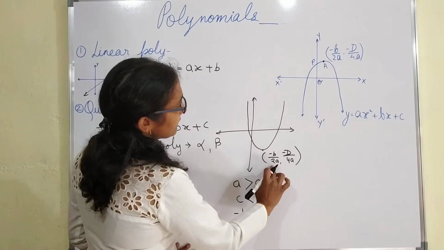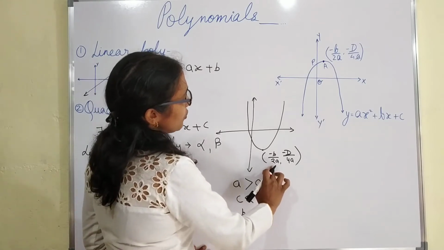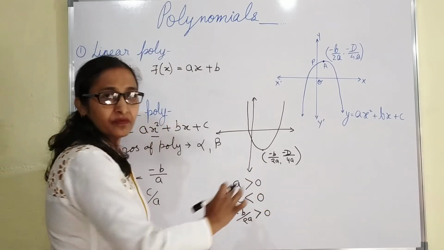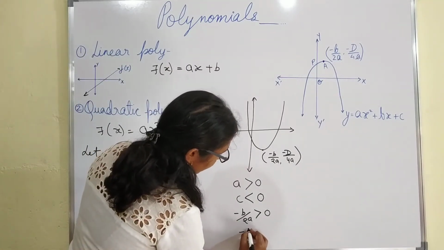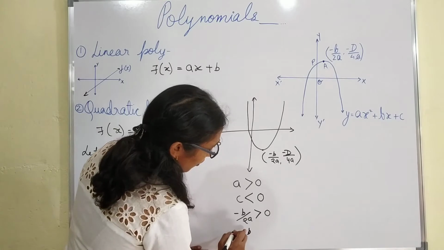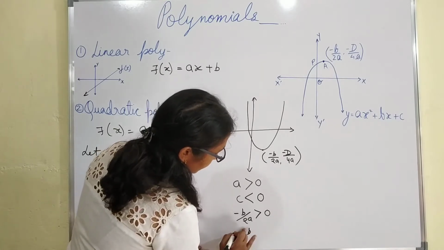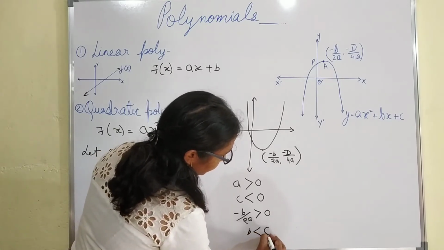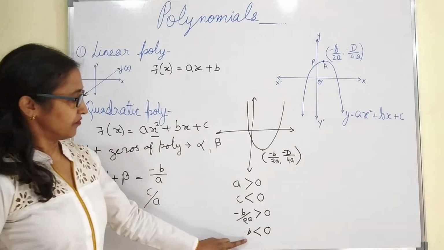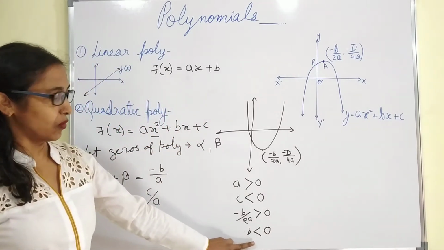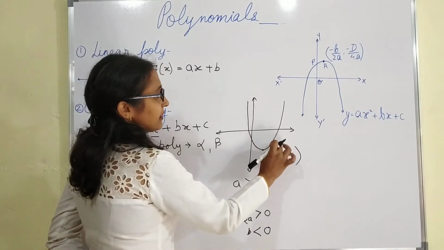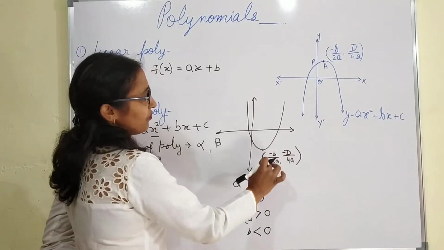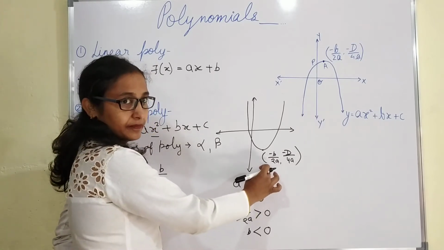Since it is in the fourth quadrant, value of x is positive. So value of b is smaller than 0 because it is lying in the fourth quadrant.